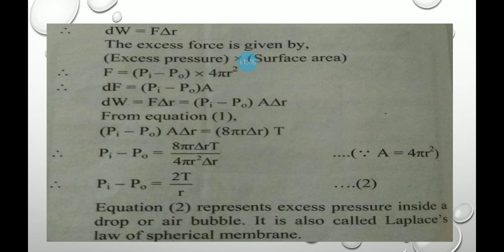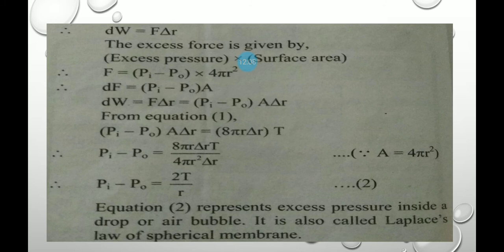Therefore dW is equal to F into delta R. The excess force is given by excess pressure into surface area. Therefore F is equal to (Pi minus P0) multiplied by 4 pi R square.